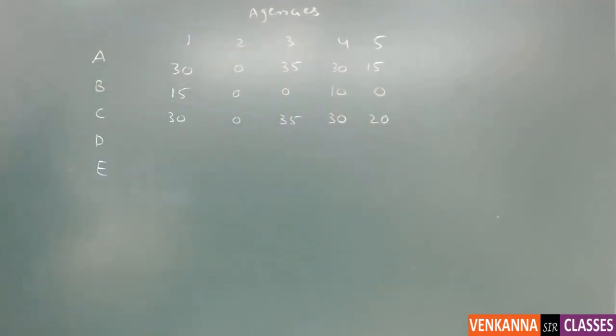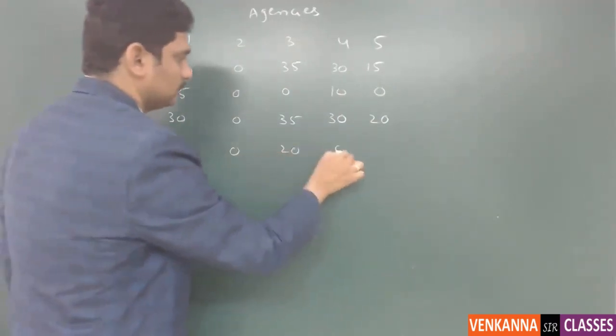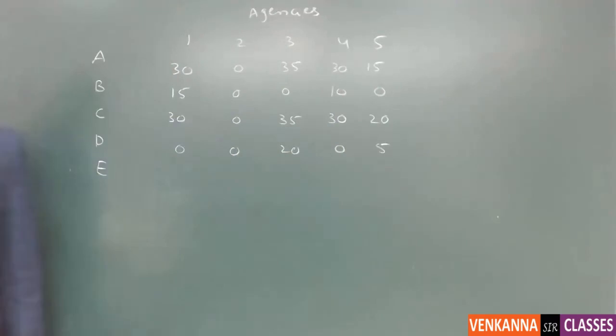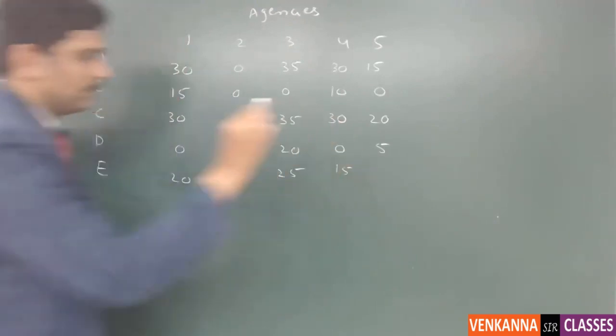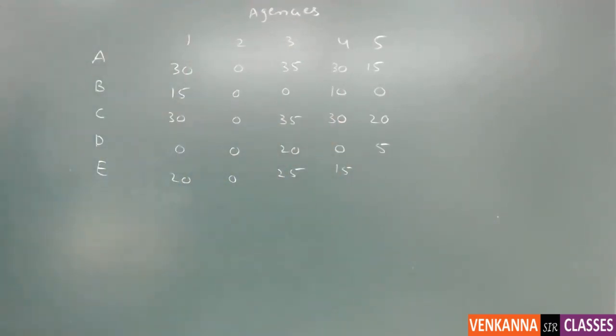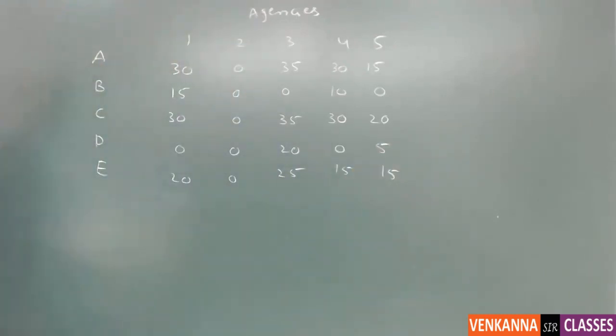Then 0, 0, 20, 0, 5. And in the last row, you have the values 20, 0, 25, 15, and then 15. So could you please check on that? I want to take the inputs from everyone. Did you get the same matrix like this?